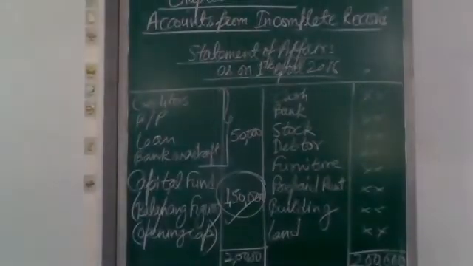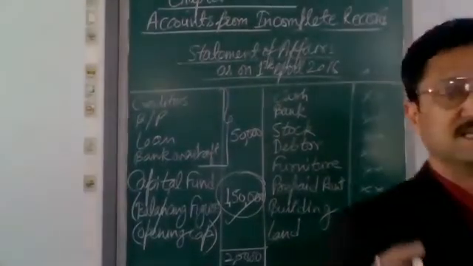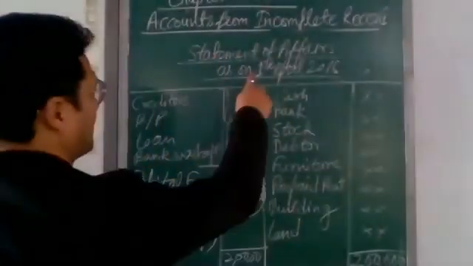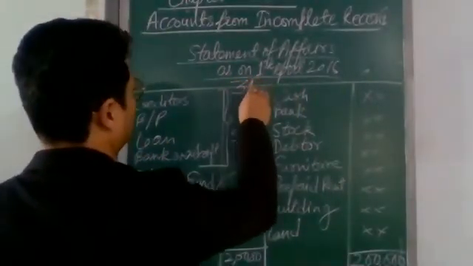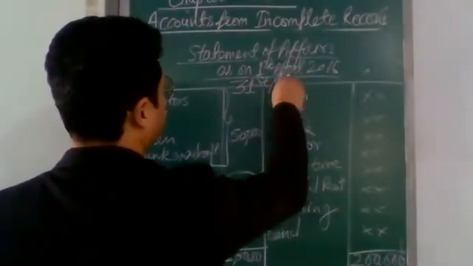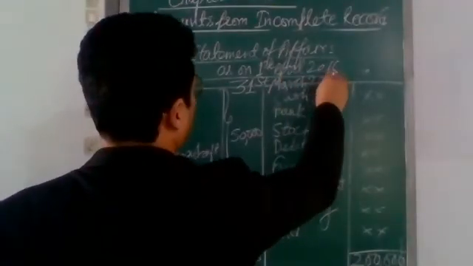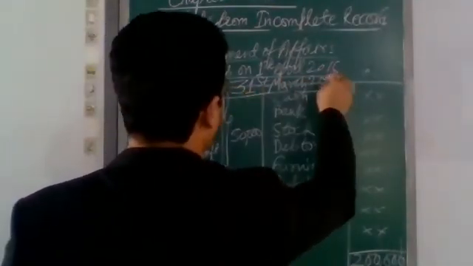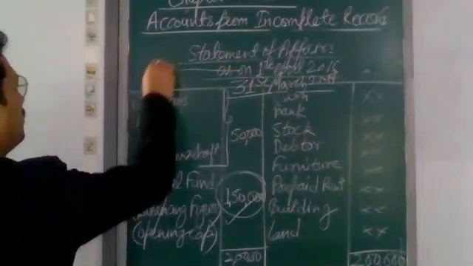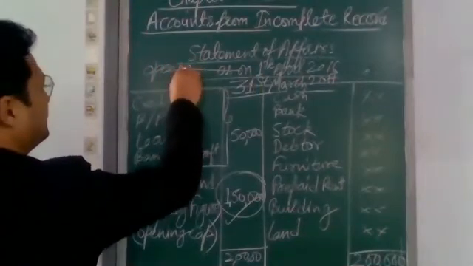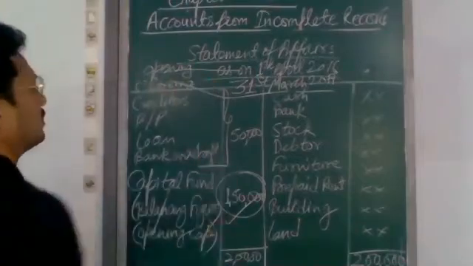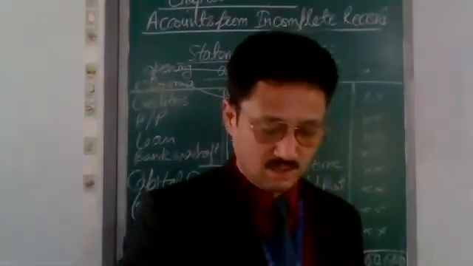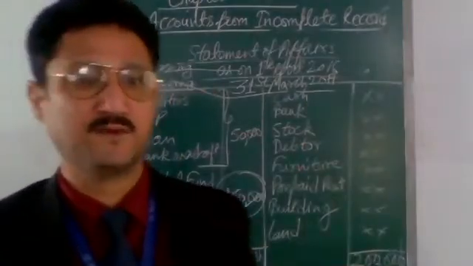if the balance sheet is prepared at the end of the year, either on 1st April 2016 or 31st March 2017, to know either the opening capital or the closing capital of the firm.